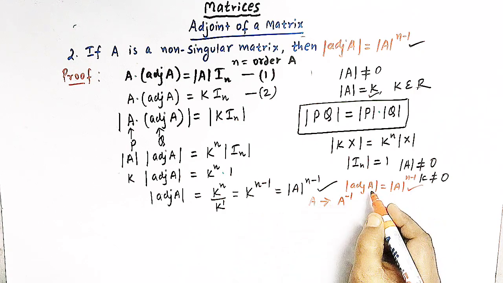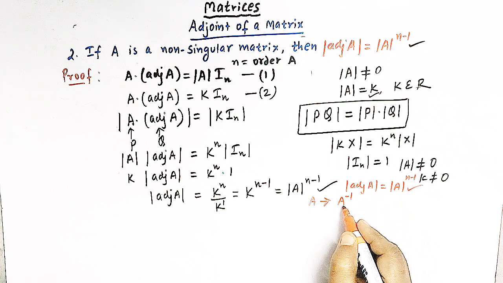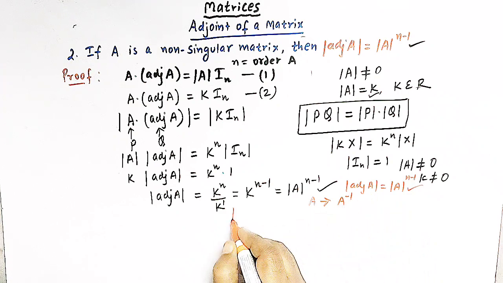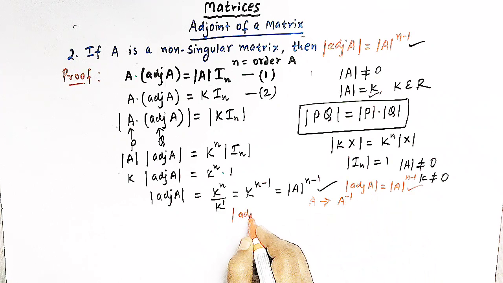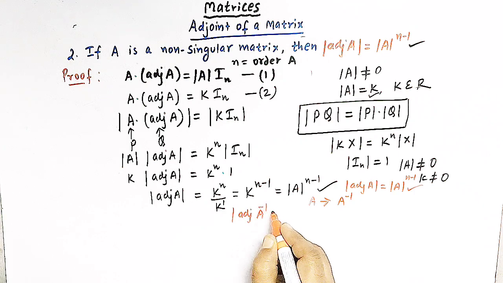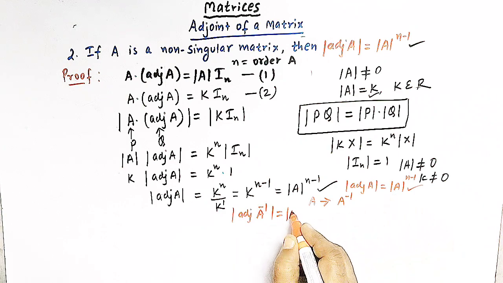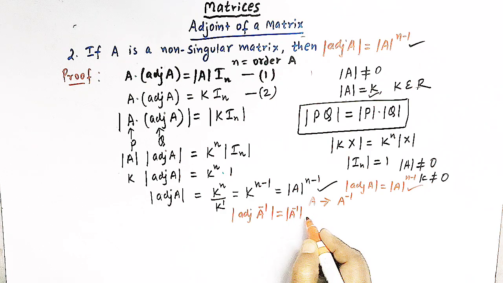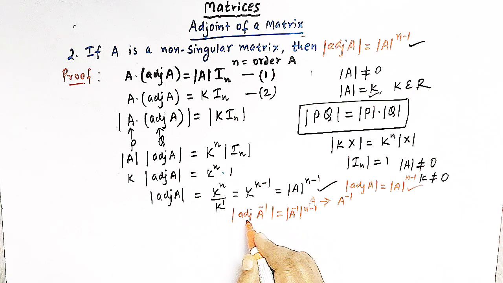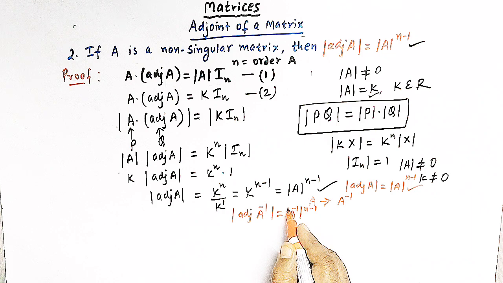Substituting A by A inverse, we have the determinant of adjoint of A inverse equal to the determinant of A inverse raised to n minus 1.